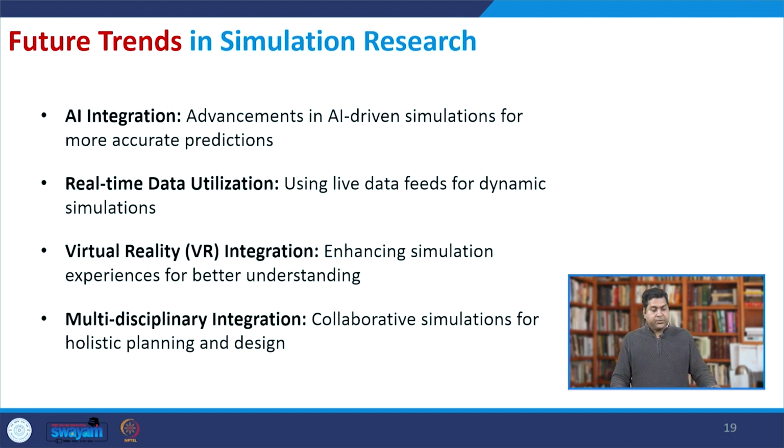Coming to the future trends in simulation research, yes, the artificial intelligence integration into simulation can make a jump to this advancement. Advancement in AI-driven simulation for more accurate prediction, but again for those cases you have to train your model.